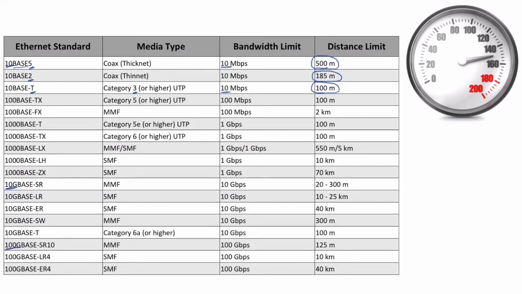And when you start to get into some of the higher speeds, if you want to travel fairly significant distances, you probably are going to be using some type of fiber optic cabling. Notice that most of the higher speed standards are going to be using multi-mode fiber, labeled as MMF, or single-mode fiber, SMF. And generally, single-mode fiber can go further than multi-mode fiber because we don't have to contend with the issue of multi-mode delay distortion.